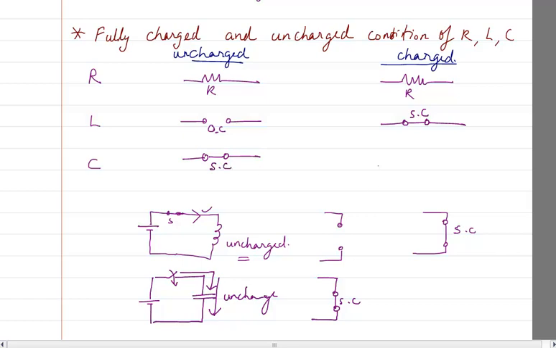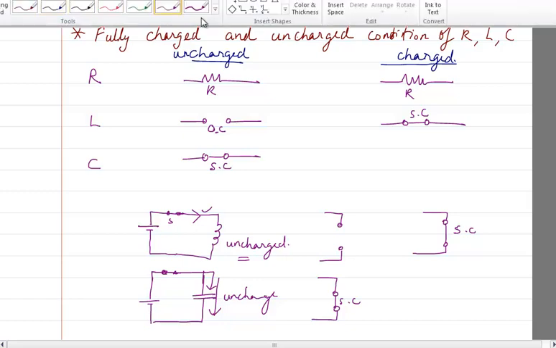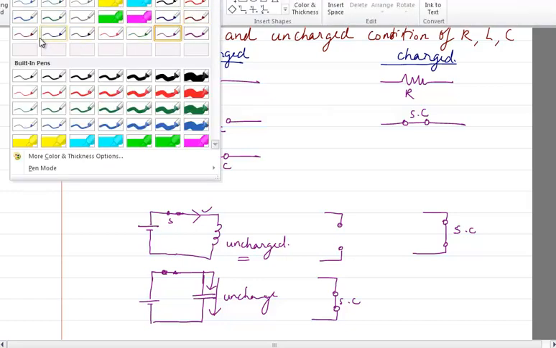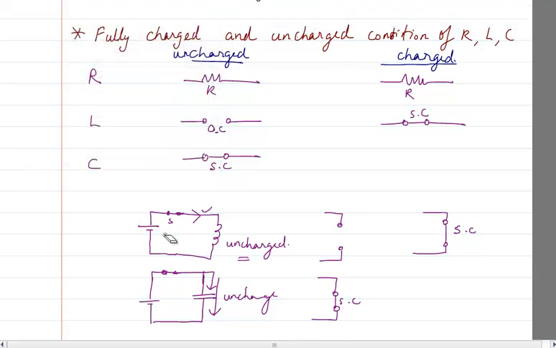And when the capacitor gets fully charged, what will happen, even if the switch is on, that means the switch is on and you are having current flowing through the circuit, the capacitor, after getting charged, will not allow the current to pass through.